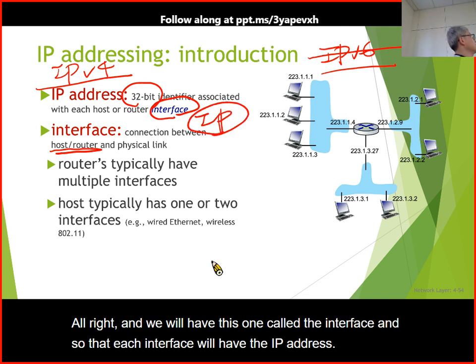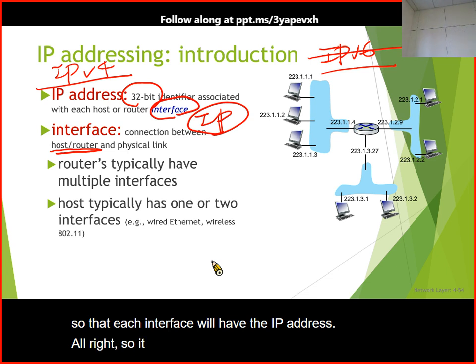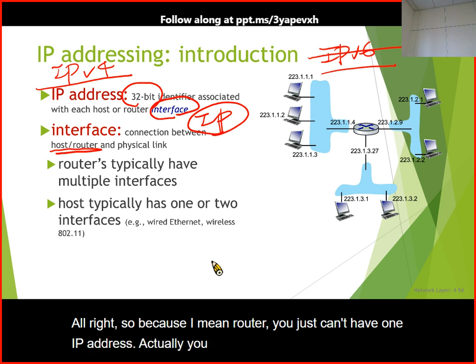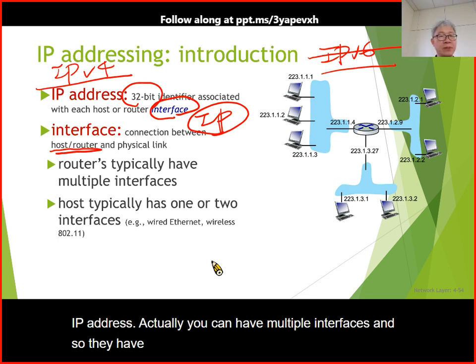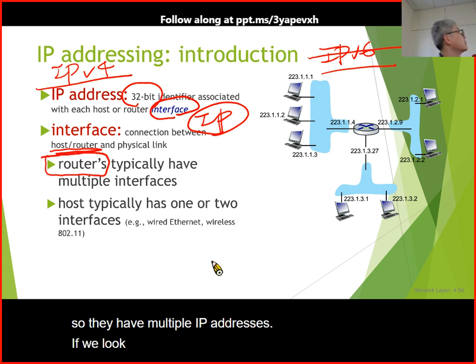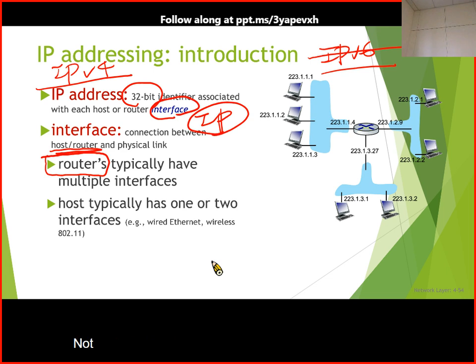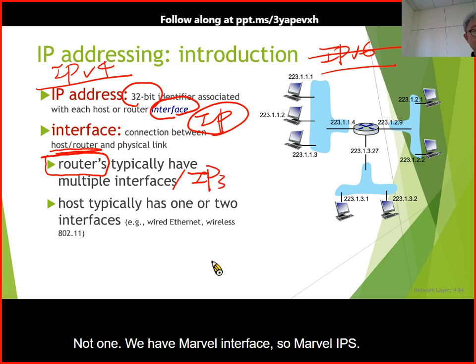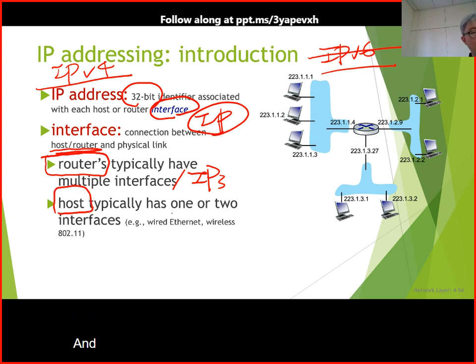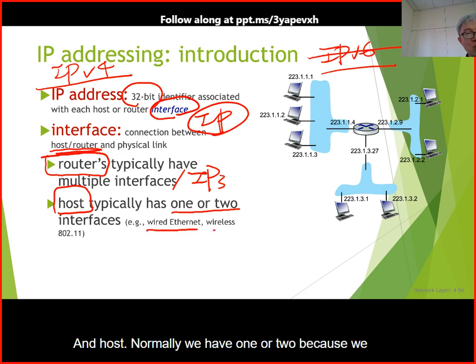Alright, so it doesn't mean a router can just have one IP address. Actually, you can have multiple interfaces, and so you have multiple IP addresses. If we look at a router, not one, we have multiple interfaces or multiple IP addresses. And a host, normally we have one or two, because we can have wired or wireless.